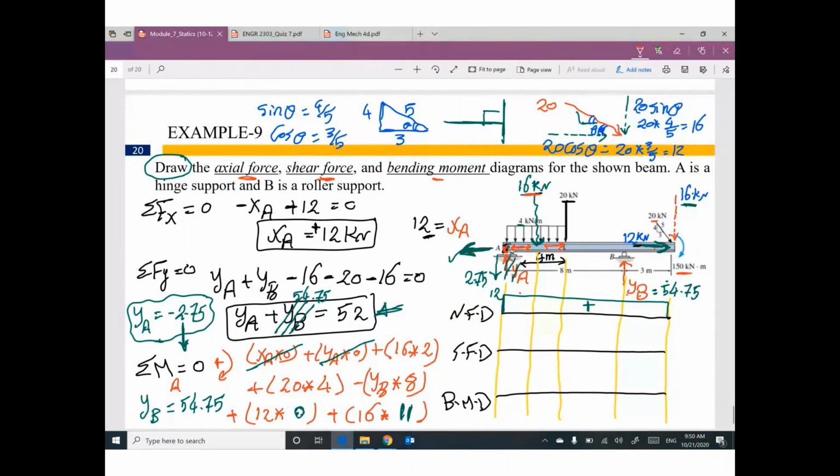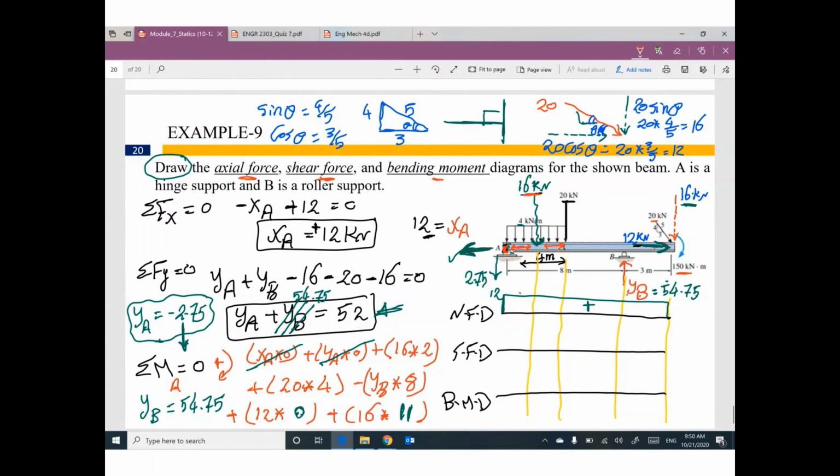Guys, please, one more time. Don't start to draw your diagram until you put the correct direction of the reaction. So what do you have at this side, your left? We have YA. How much? 2.75. Which direction? Down.